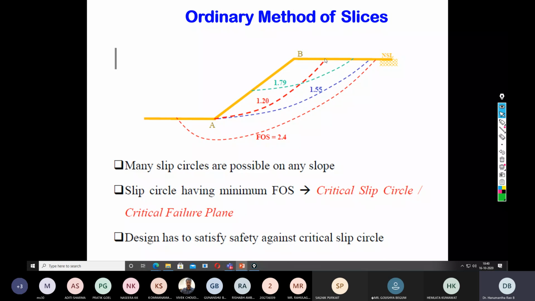However, if you look at the top of the berm, where should it emerge? Should it be near the edge of the berm or at the far end of the berm? We don't know, so we need to consider numerous trial slip circles again. Similarly for the base failure. If you keep on considering all these numerous slip circles, you will end up nowhere. That's why it is really impossible to determine the factor of safety of any slope by the manual way.